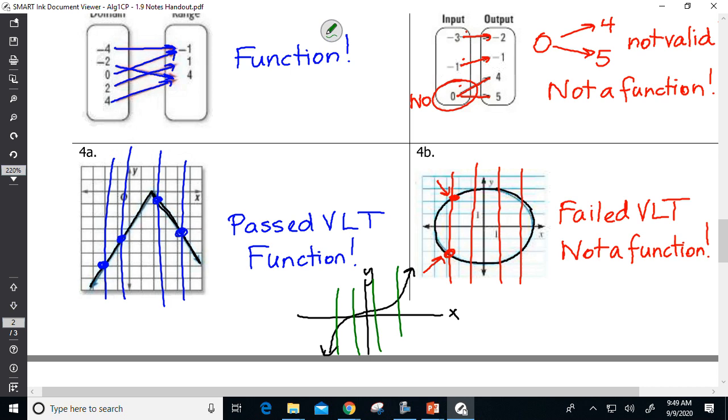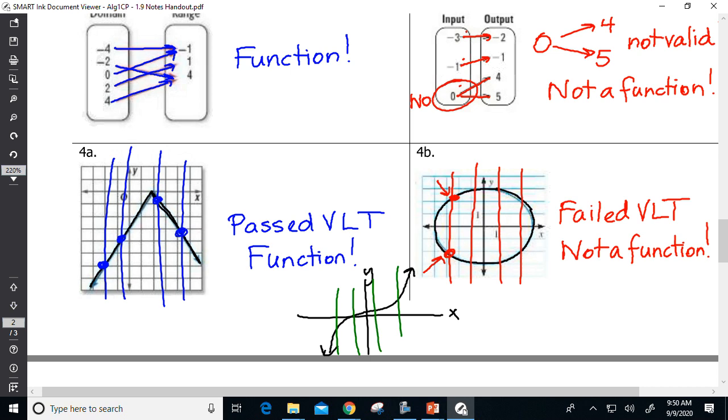Yes, you're based off of the curved line, not off of the x-y lines. So you're trying to tell, is the curved line the function, not the x-y lines? Excellent question.